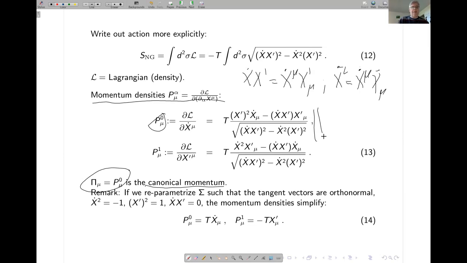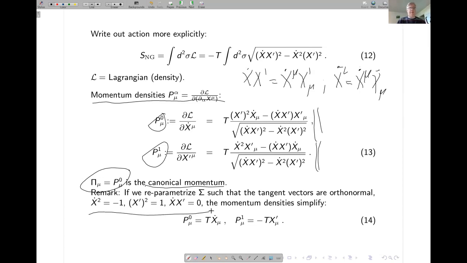For a string, we also have a component of momentum density which, so to speak, goes along the string, and that's in a similar looking expression here. Now, to already indicate that while these expressions look complicated in a general coordinate system, their essential meaning is rather straightforward, let us take a parameterization of the worldsheet such that the tangent vectors are also normalized.